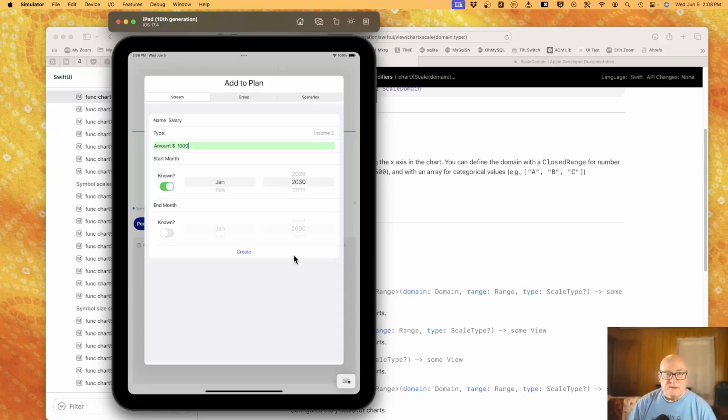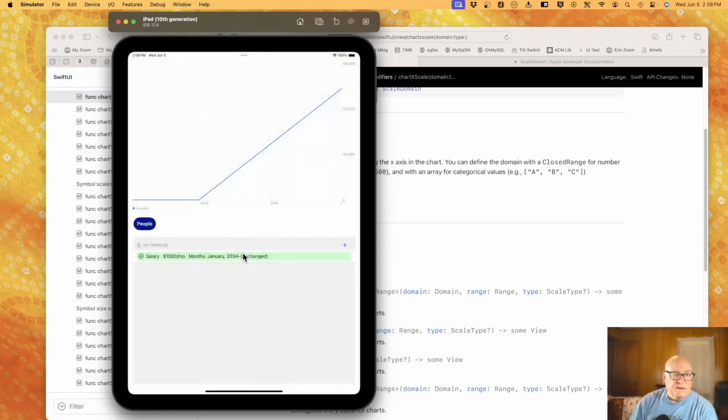So let's say 2030. Maybe 2034. Give it a good 10 years. Okay. Create that. Hey, that's really promising. Oh, look at this. 2034, 2044. That's kind of great.